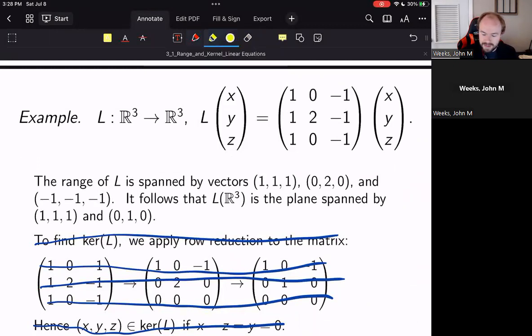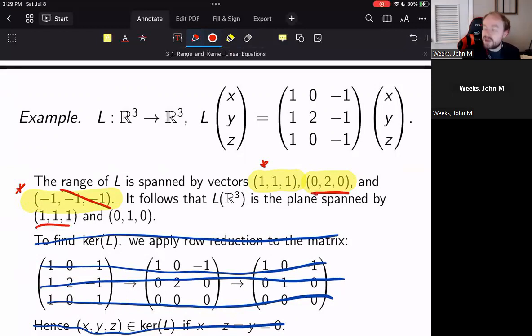That's exactly what we have here: (1, 1, 1), (0, 2, 0), and (-1, -1, -1). So it follows that L(R3) is spanned by any vectors that we'd like to choose here, as long as we can go ahead and take out linear dependence relations if we'd like. For example, I could already see that this first and third vector are just multiples of each other. So I could throw (-1, -1, -1) out and just keep (1, 1, 1).